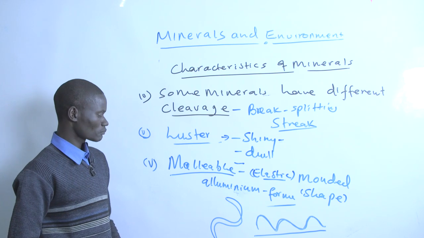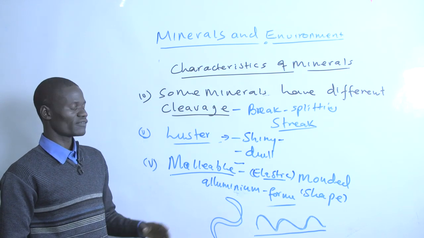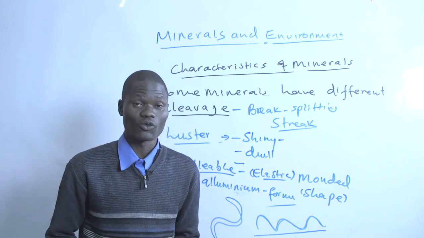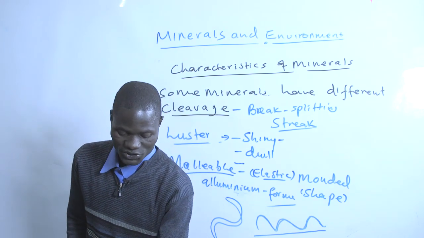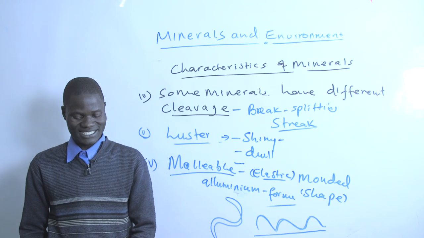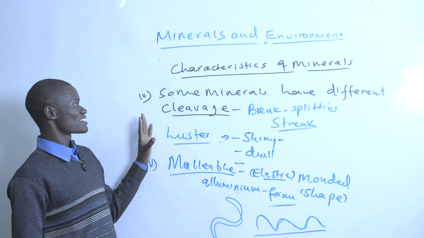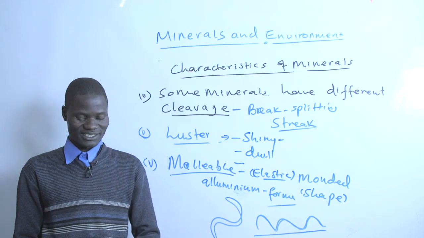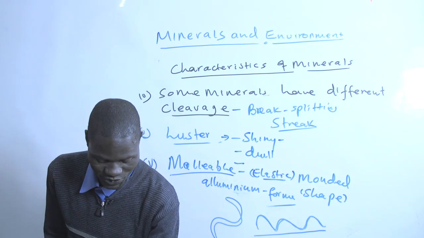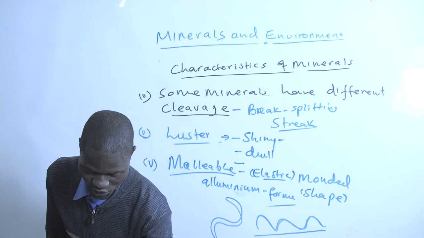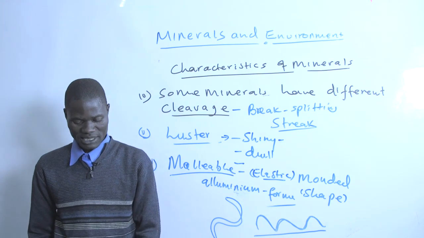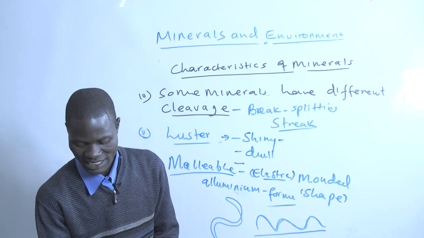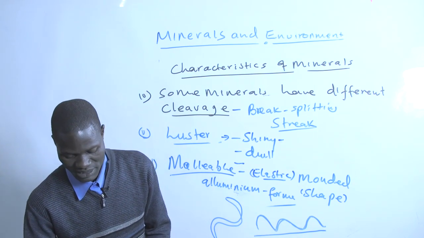And there are also some other characteristics which I wanted to give as a task, that you can add some four more characteristics of minerals in your own time using another source. Because of time, I want us to move to the next part of minerals.